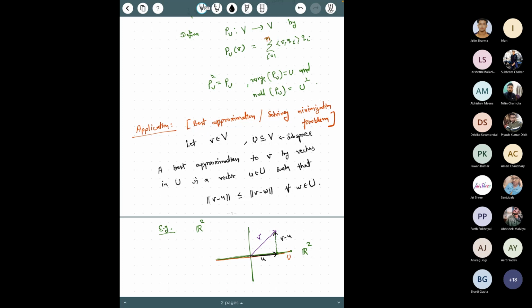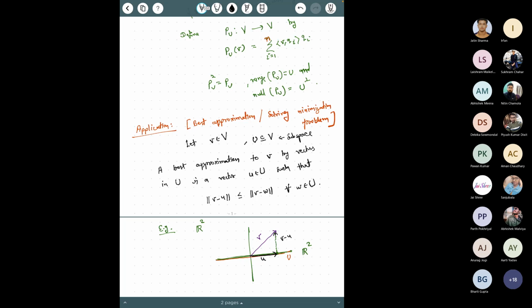So if you look at this orthogonal projection, this is what we did, right? We just projected this V on U orthogonally. We drew a perpendicular on U, and based on that we decided this vector U. This is the idea, and it's very clear from this picture.